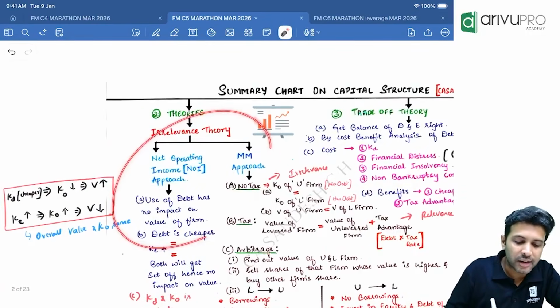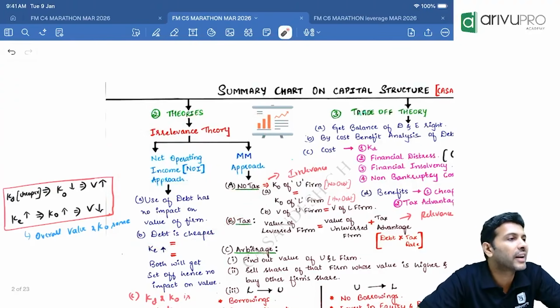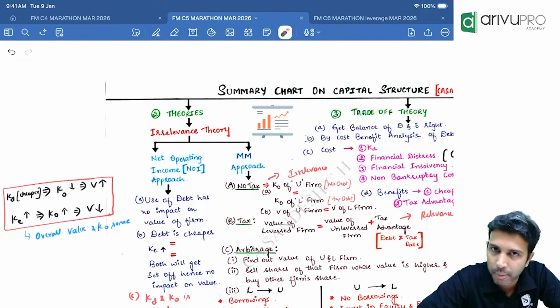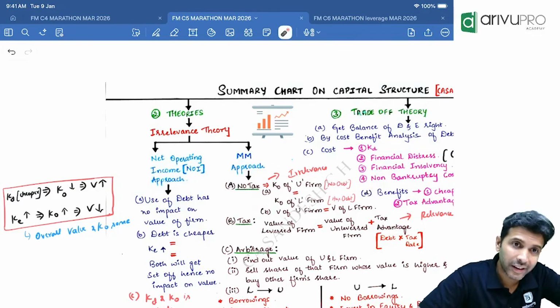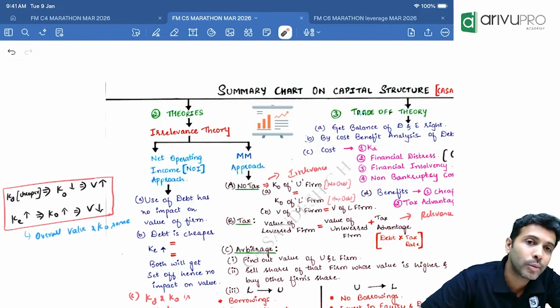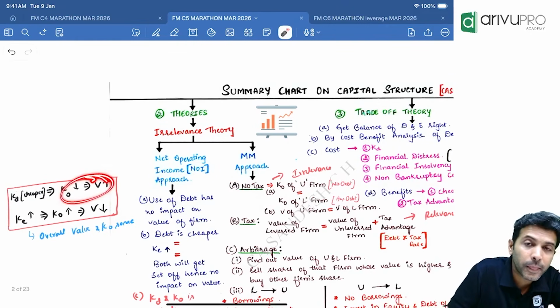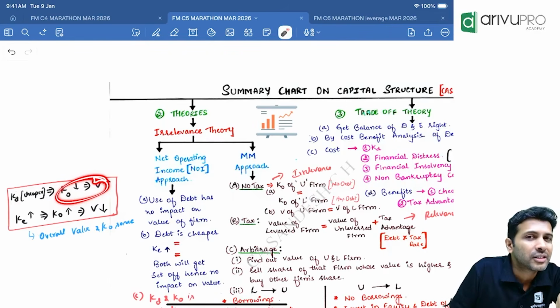Okay, next is irrelevance theory. Under irrelevance theory, we had the net operating income approach and the MM approach. What is the net operating income approach's argument? Debt is a cheaper source of finance. The more debt you take, overall cost will reduce. If KO reduces, value will increase. This is one aspect. Along with this, one more will happen simultaneously. Since debt is a risky affair, the moment you take debt, the business risk increases.